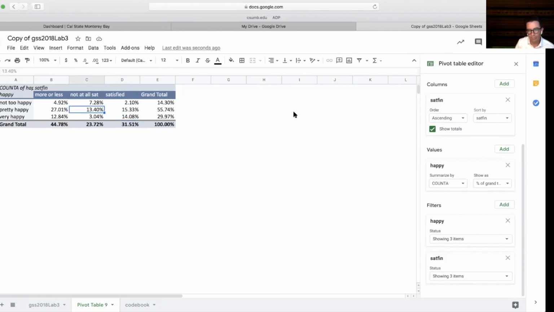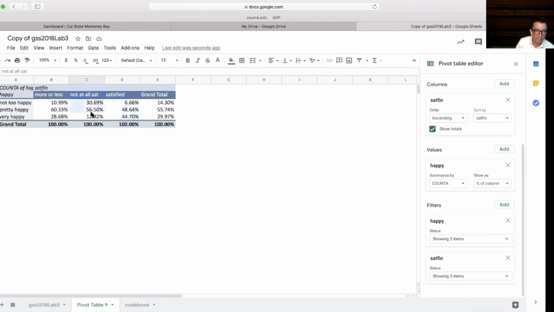So I'm going to go to values again, and I'm going to express this as a percent of column. All right, now we can see the distribution of happiness across these different levels of satisfaction. So for those who are satisfied with their financial situation, 44%, actually 45% are very happy.